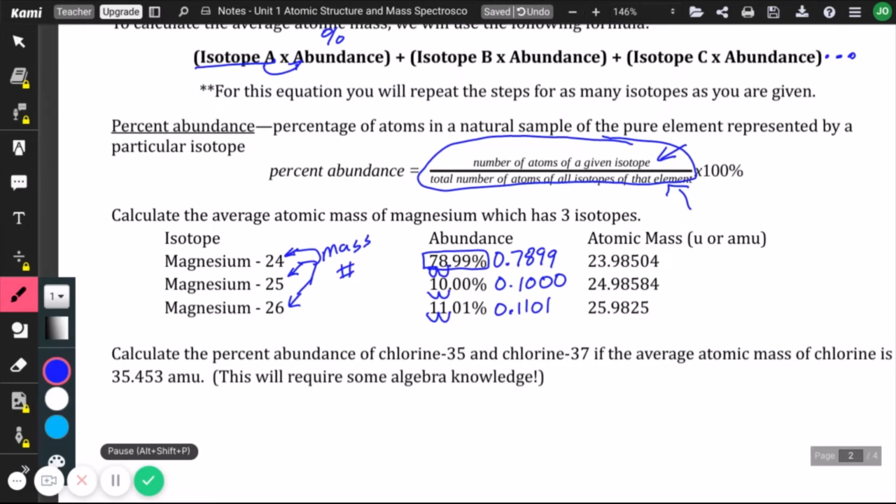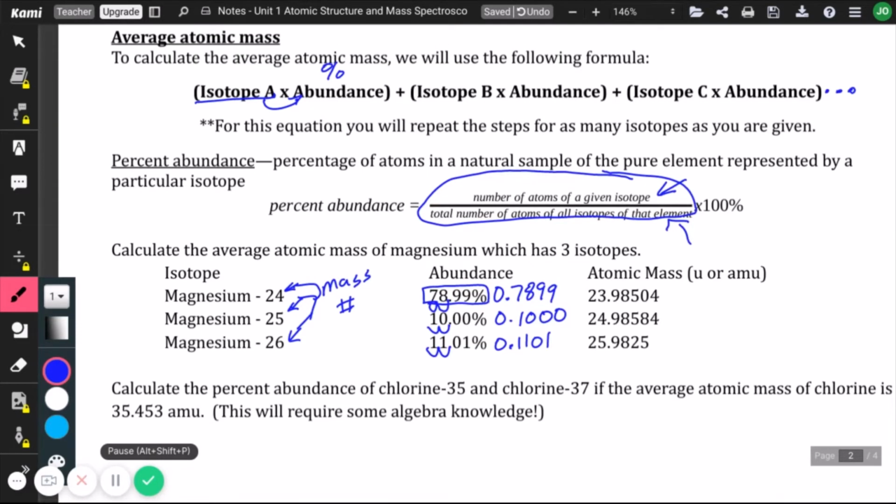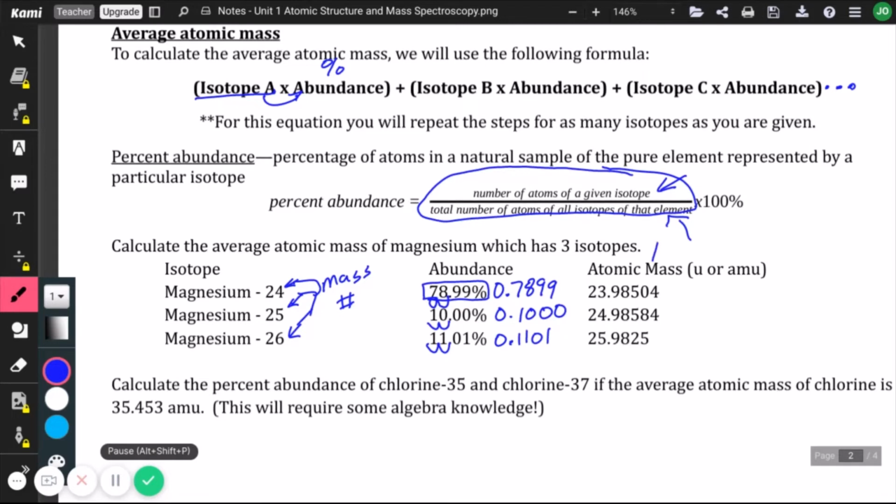Okay, now looking back to our average atomic mass formula, it's isotope A times its abundance plus isotope B times its abundance plus C times its abundance, and so on. So I have isotope A, which is magnesium 24, times its abundance. But here's the thing, y'all. Right here, they actually gave us the actual atomic mass.